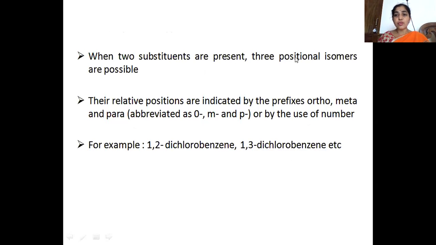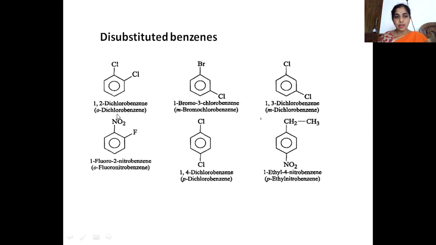So, there are three positional isomers possible. Their relative positions are indicated by the prefixes. We use ortho, meta and para positions, or we use the numbers. Just now we saw this, right? Similarly, if you take 1-bromo-3-chlorobenzene, here it is meta-bromochlorobenzene.